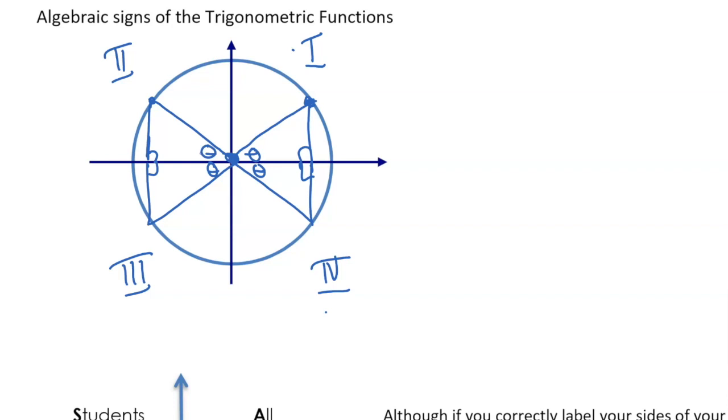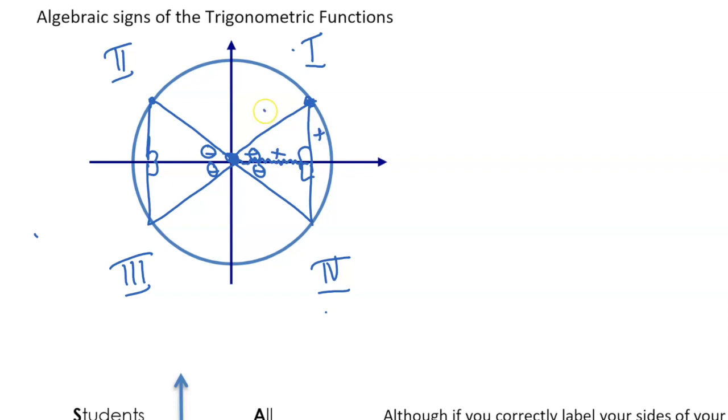And what I want to list right here is where we have positive and negative values. This should seem like a review from last year, but it's super important that we go over this again. So in quadrant 1, everything's going to be positive. If we move to the right, this is a positive direction. If we move up, that's a positive direction.